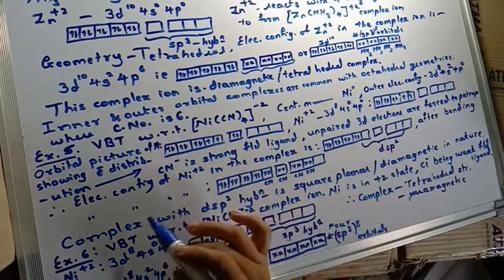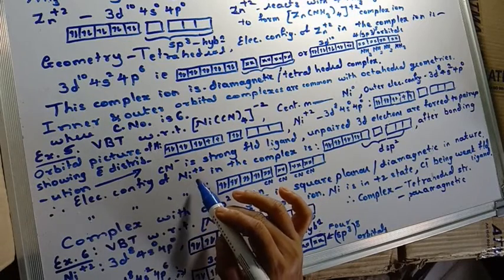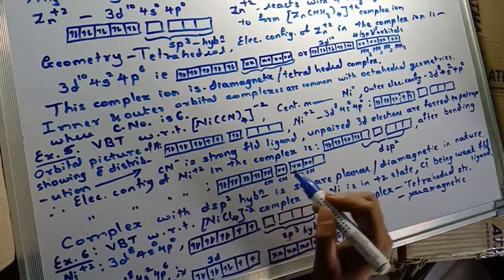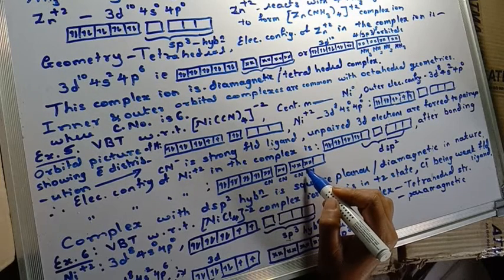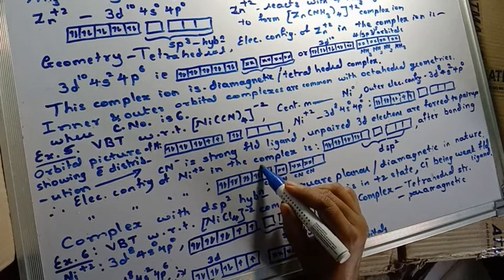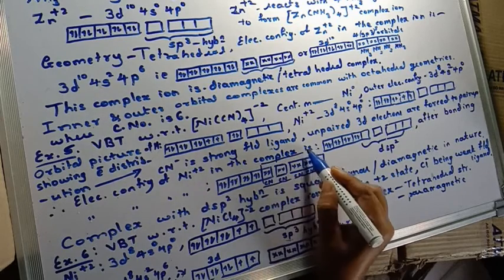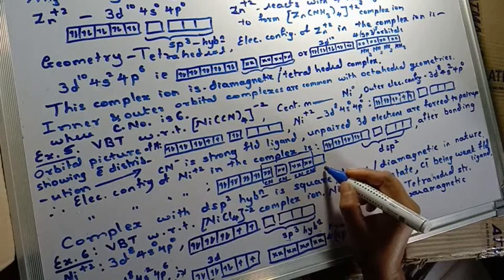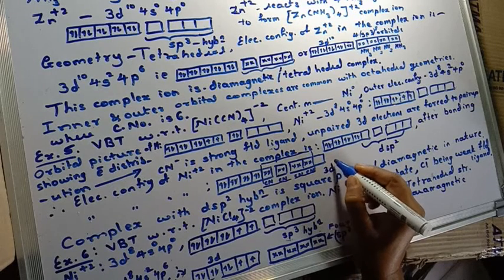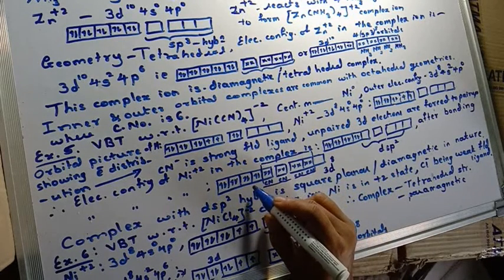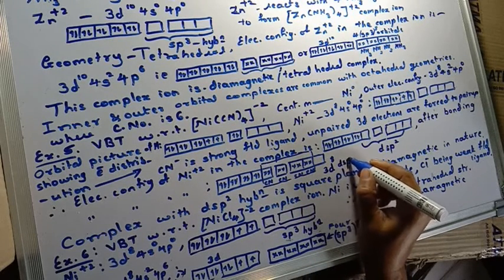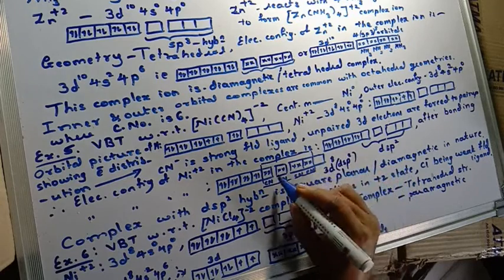After bonding, the electronic configuration of nickel in the complex could be written as 3d10 4s2 4p4, but actually they are no more atomic orbitals; they are hybrid orbitals. Therefore the electronic configuration is 3d8 of the metal ion, next dsp2 raised to 8.